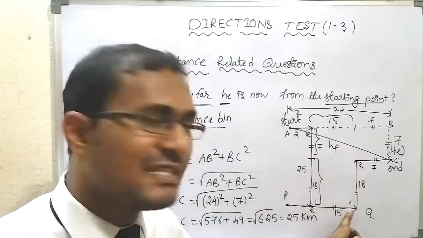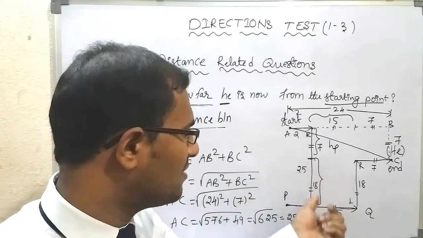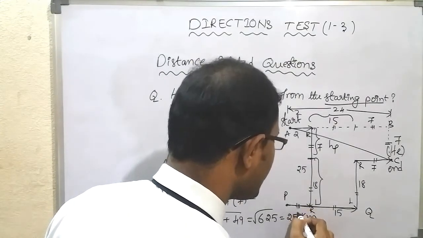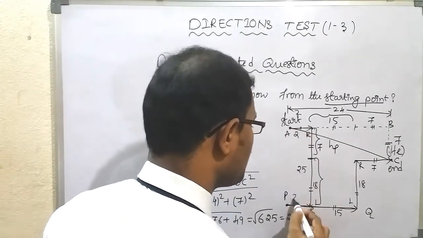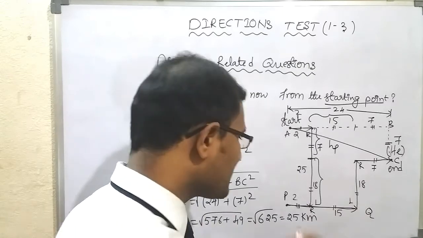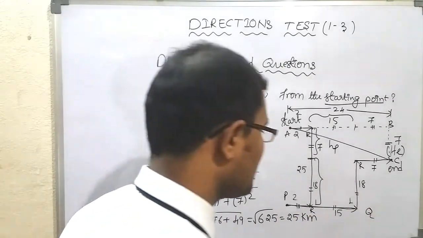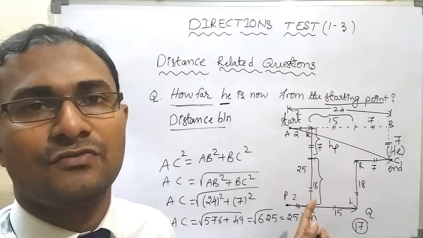Otherwise, if it is simply a straight line, just take the distance between those 2 points, just by looking at the diagram. What is this one? This line, both are the same. What is this? It is 2. And already we know R to Q is 15. Now what is the distance between P and Q? 2 plus 15, it means 17 is the answer. In this way we have to find it.